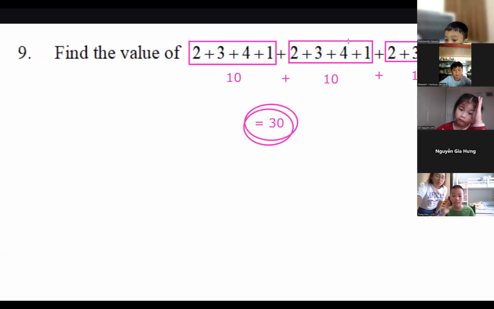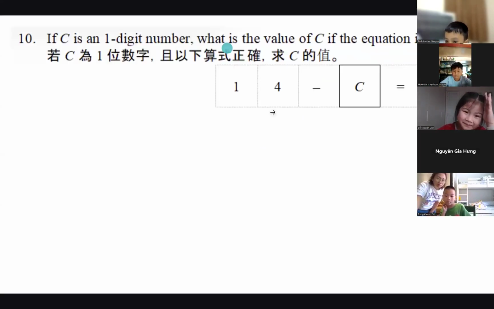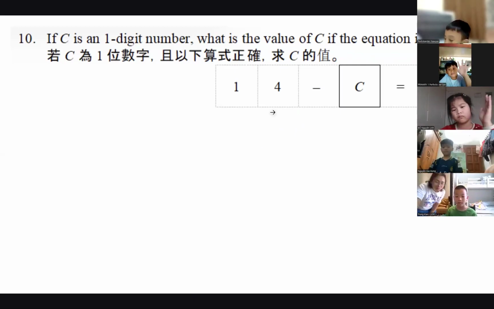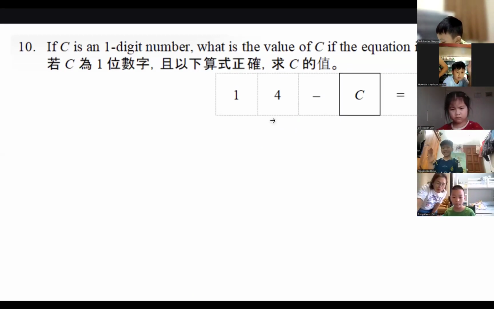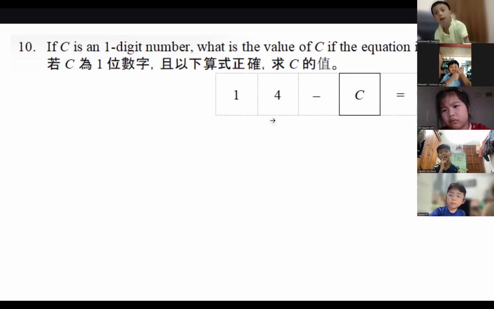Okay? Let's do number 10. If C is a one-digit number, what is the value of C if the equation is correct? So, you can try all the numbers. What is a number that when you minus it from 14 would give that same number?